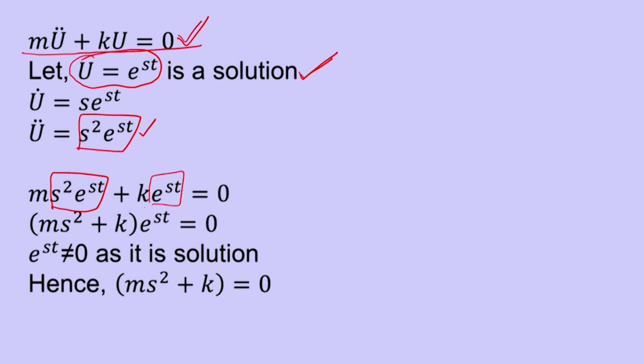We can take e to the power of st as common, so (m s square plus k) multiplied by e to the power of st is equal to 0.